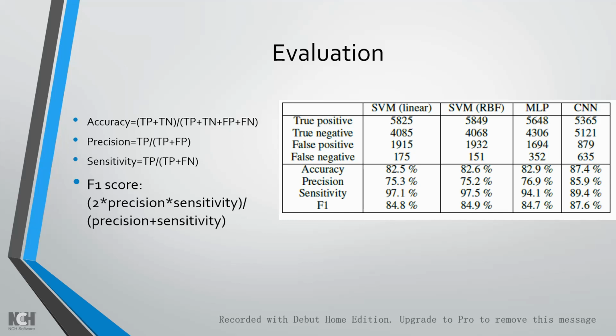Accuracy, precision, sensitivity, and F1 score are calculated based on the classification results. We can see the accuracy of CNN is 5% higher than the others, and the F1 score is 3% higher than the others. This indicates CNN has a better performance in NLOS classification than the other machine learning algorithms.